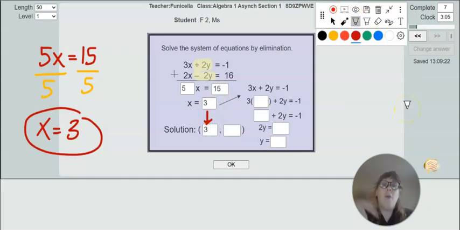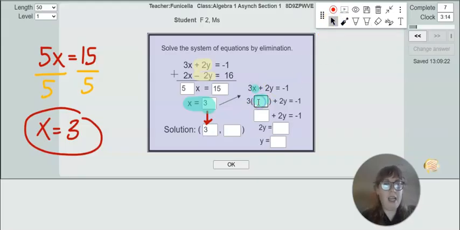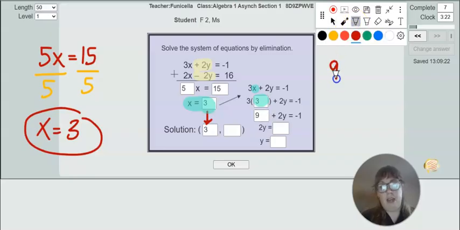Now to figure out what our y coordinate is, we want to take this value of 3 and plug it in for x. So we have 3 times 3 plus 2y equals negative 1. 3 times 3 is 9. So we have 9 plus 2y equals negative 1. This is a two-step equation. First thing we can do is subtract 9 on both sides.